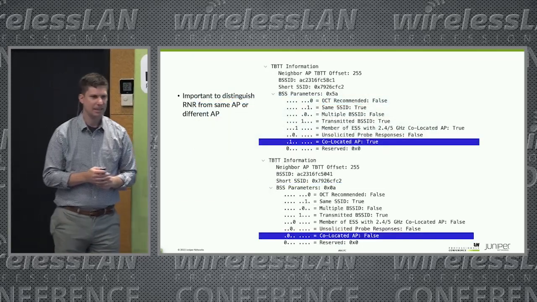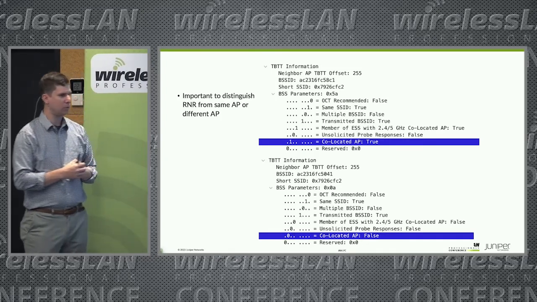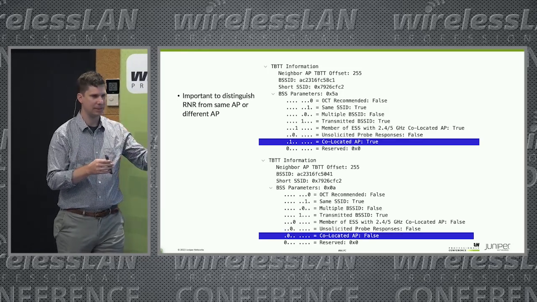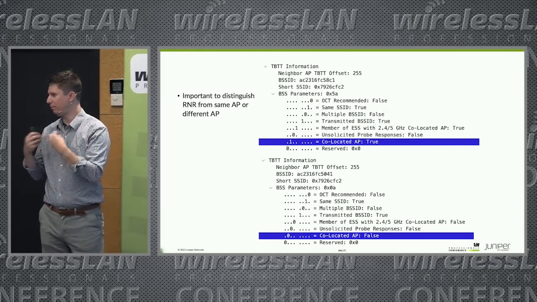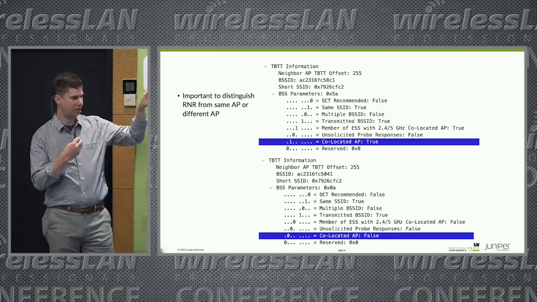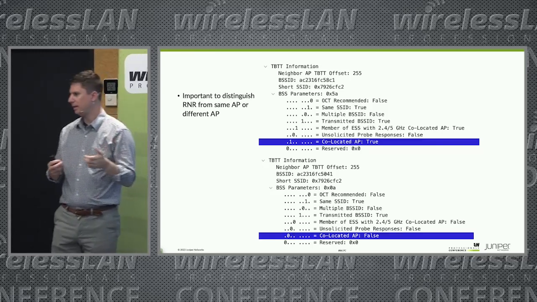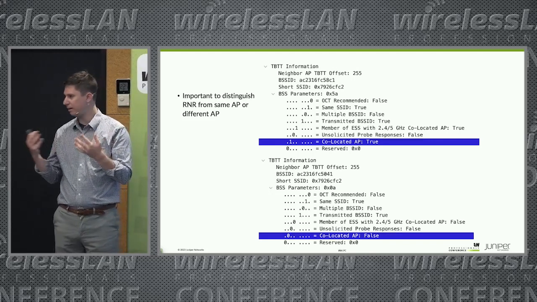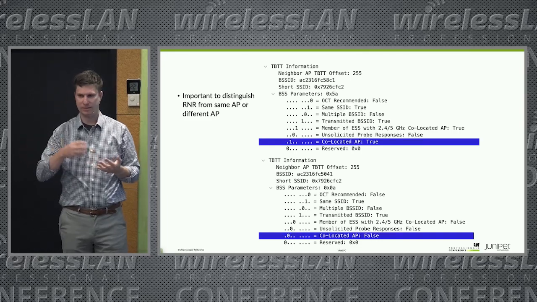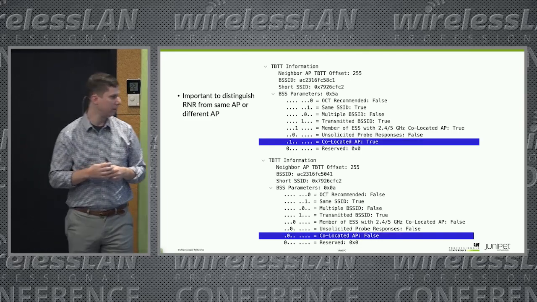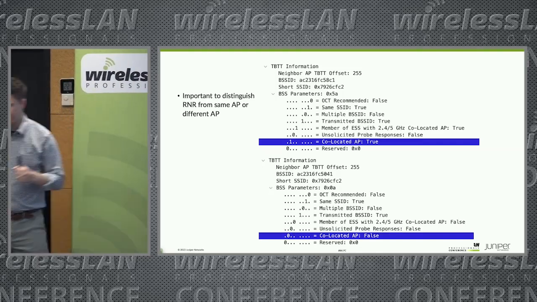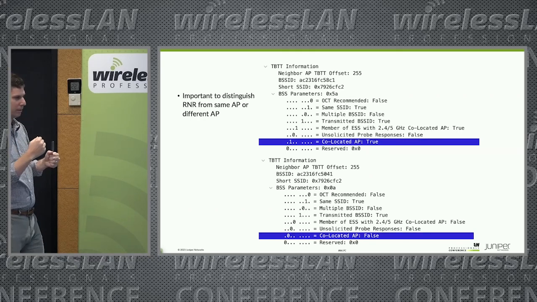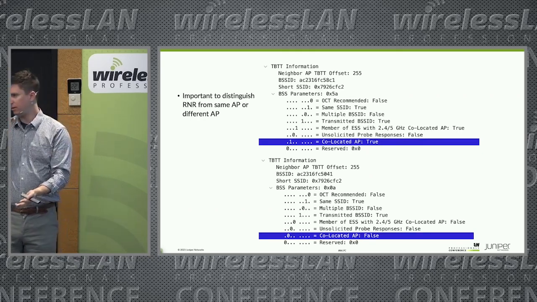So next thing is also important. With the ability to put neighbor APs in my R&R, there's other APs in there that aren't me. I need to distinguish if this AP is co-located or not. Co-located meaning it's in the same AP. The reason for this, think about, again, as the client, I'm walking around, I listen to this beacon or I get a probe response and it has multiple APs in the R&R.